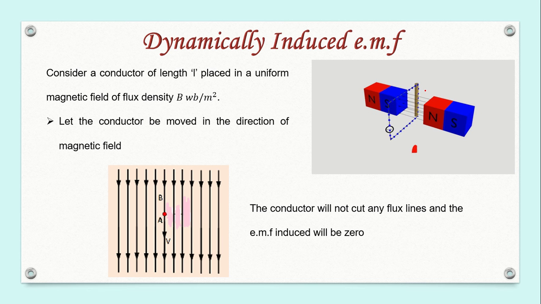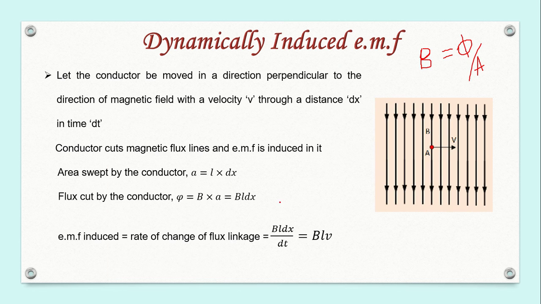Here the length of the conductor is L and the distance covered by the conductor is dx. So the area swept by the conductor while it is moving is L into dx, because it is a rectangular area.